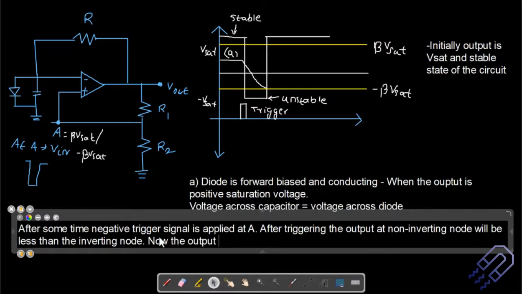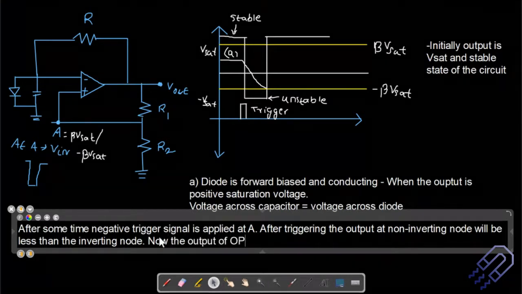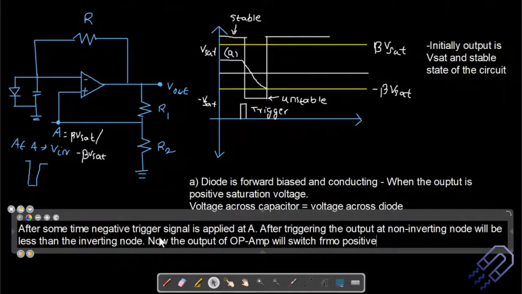Now the output of the op amp will switch from positive saturation to negative saturation.